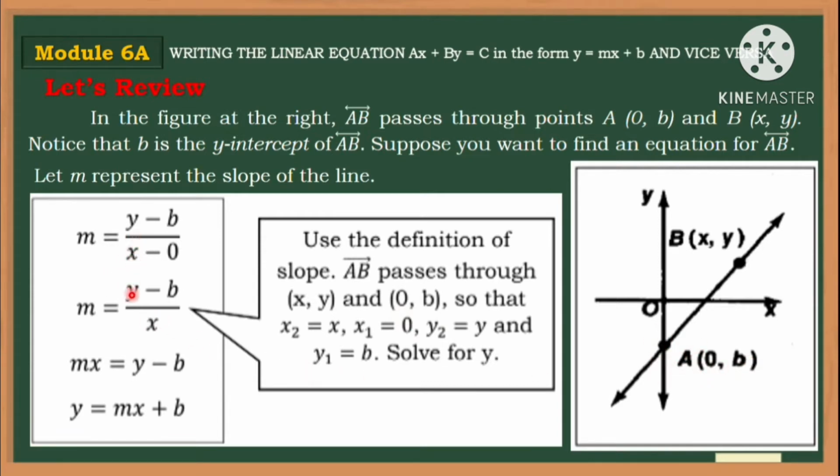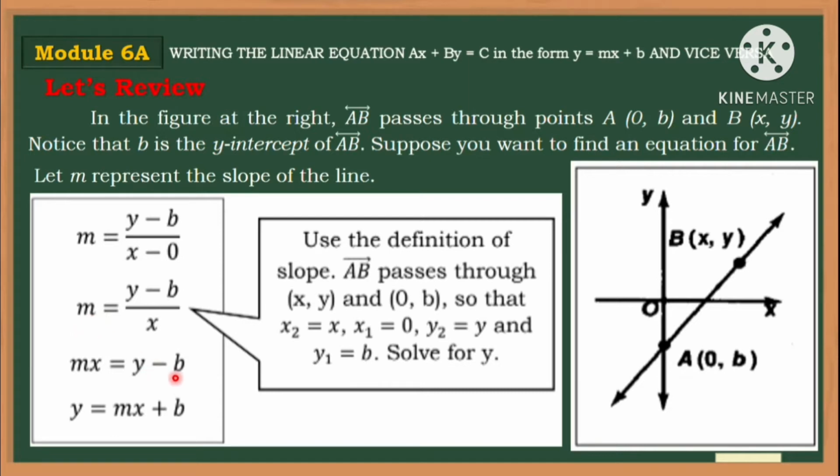By simplifying this one, y minus b all over x, since x minus 0 is x. By cross multiplication, m times x is equal to mx, then the equal sign is copied, since the denominator is 1.